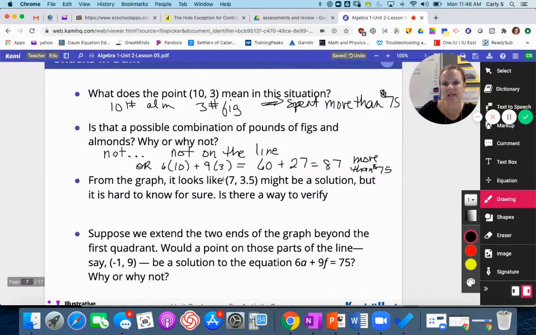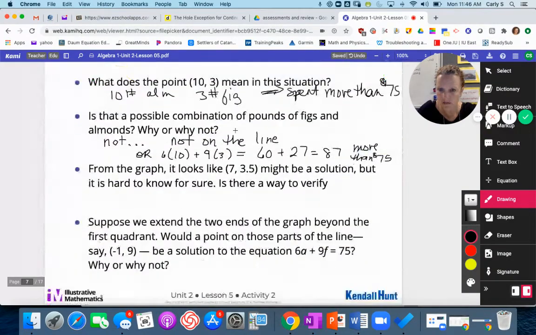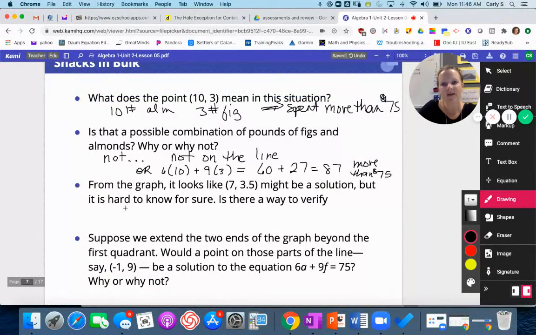From the graph, it looks like 7, 3.5 might be a solution, but it's hard to know for sure. Is there a way to verify? How could we verify that? We plug it in. 6 times 7 plus 9 times 3.5. 6 times 7 is 42 plus 9 times 3.5 equals 73.5.